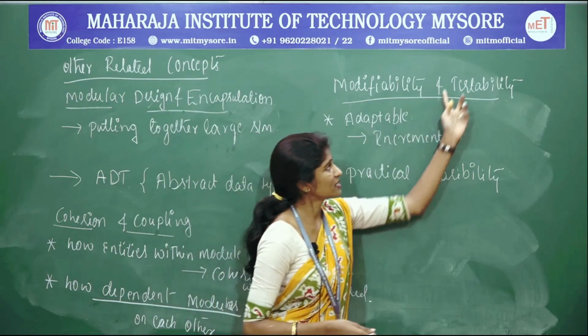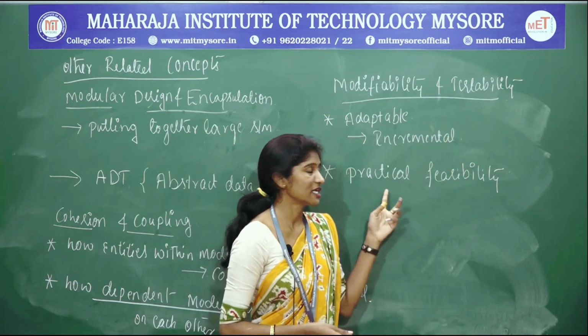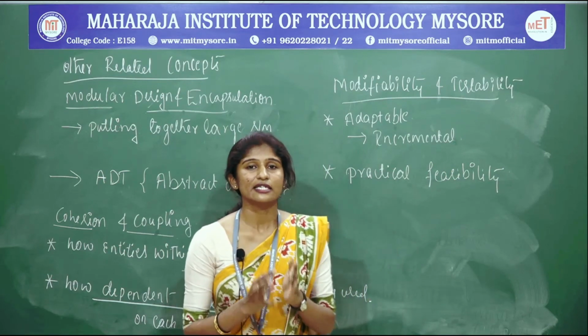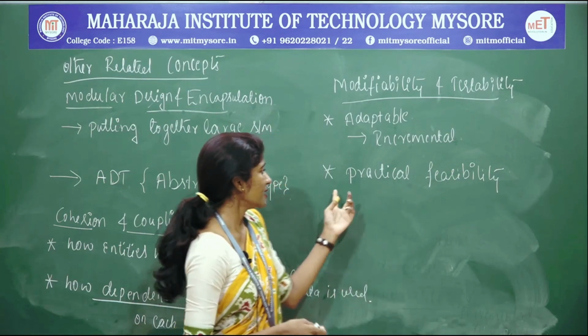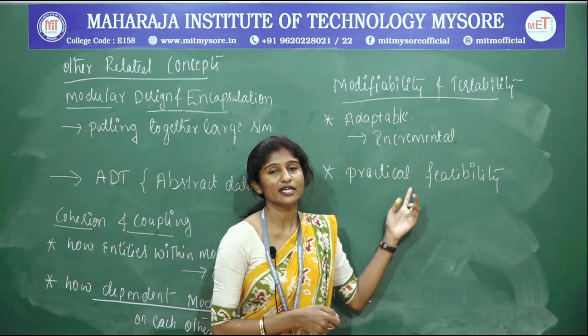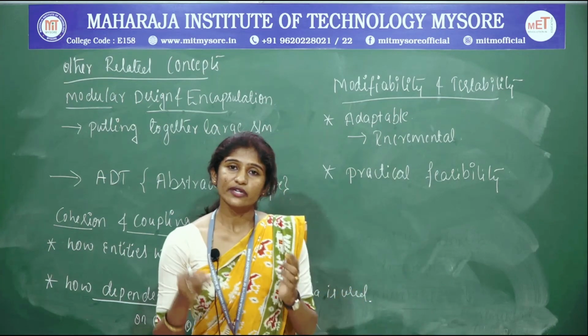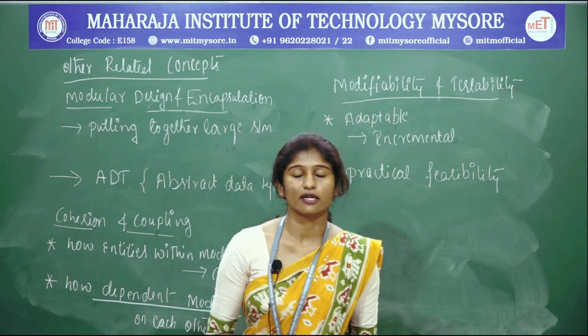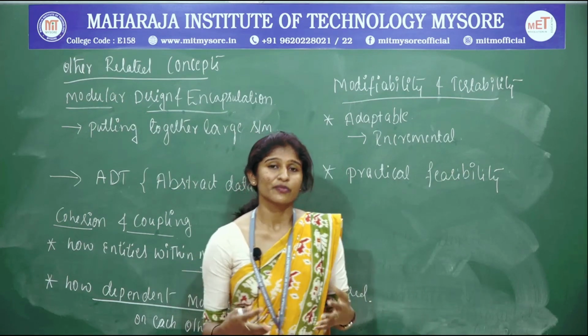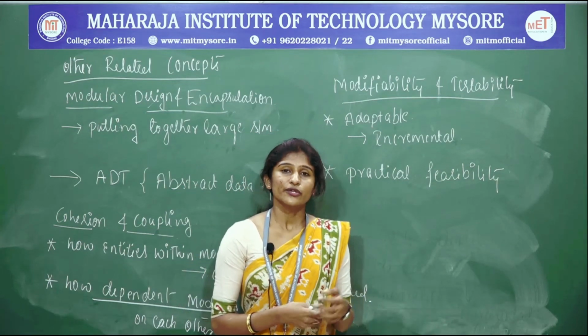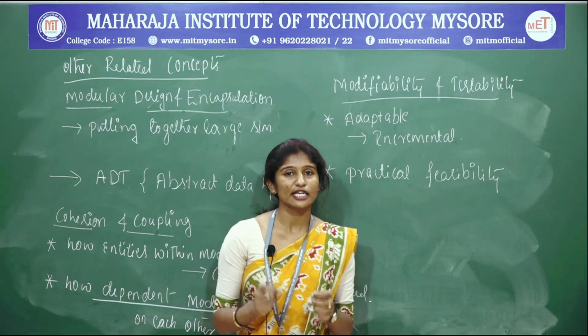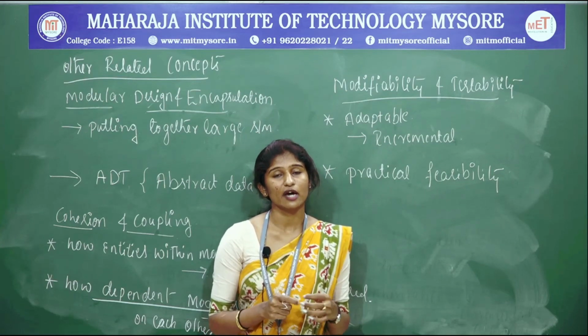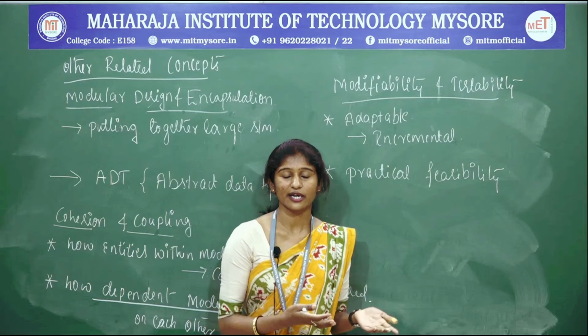Next is testability. Testability is nothing but how well I can test the designs. You can see here I have written practical feasibility. Practical feasibility is nothing but, after designing a software, after writing a code or a class or anything, you should go with a practical usage of that particular software. Otherwise, how are we going to analyze whether it is working correctly or not?